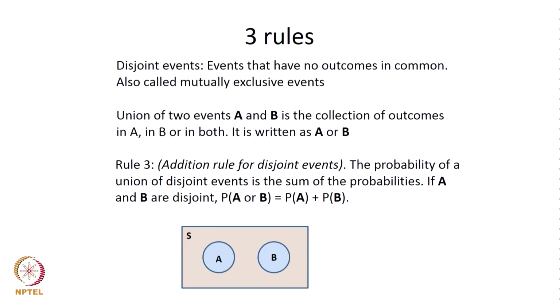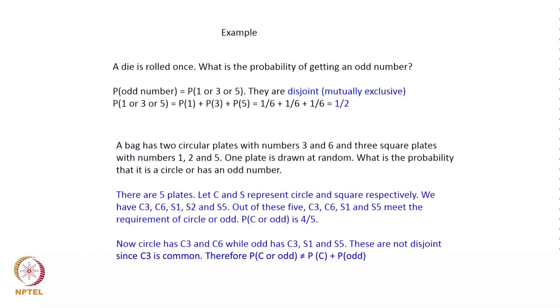It is written as A or B. Third rule, which is addition rule for disjoint events, probability of a union of disjoint events is the sum of the probabilities. If A and B are disjoint, P of A or B is P of A plus P of B. So, if A and B are mutually exclusive, P of A or B is P of A plus P of B.